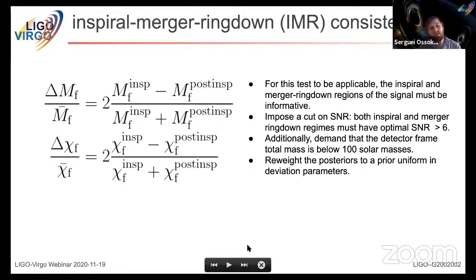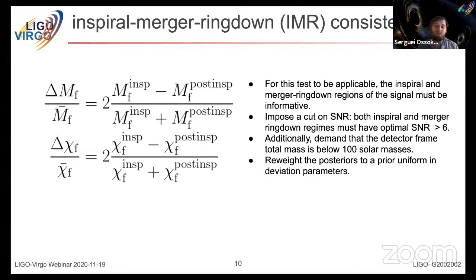From these, we construct dimensionless deviation parameters, delta MF over MF and delta KF over KF, that we'll actually examine as deviations from GR. For the IMR test to be applicable, of course, both the inspiral and post-inspiral regimes must contain enough information. As a proxy for this, we impose a cut on SNR.